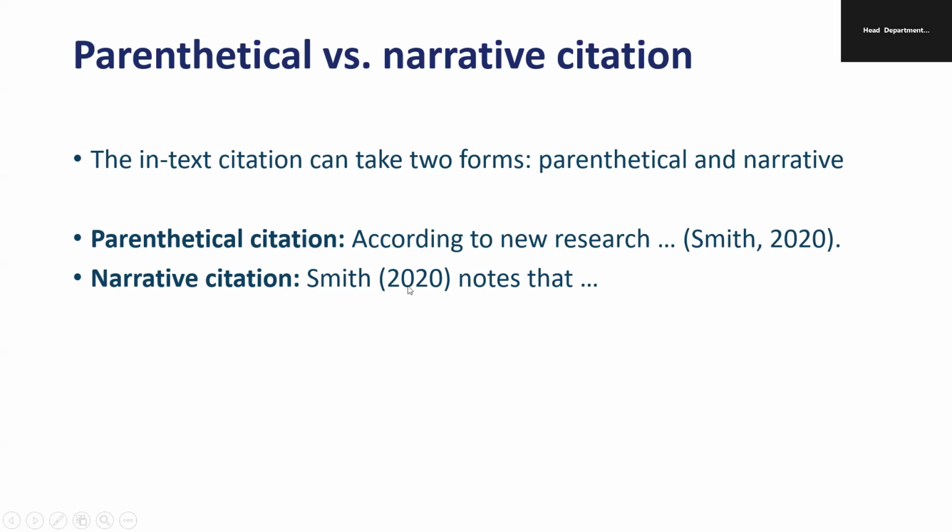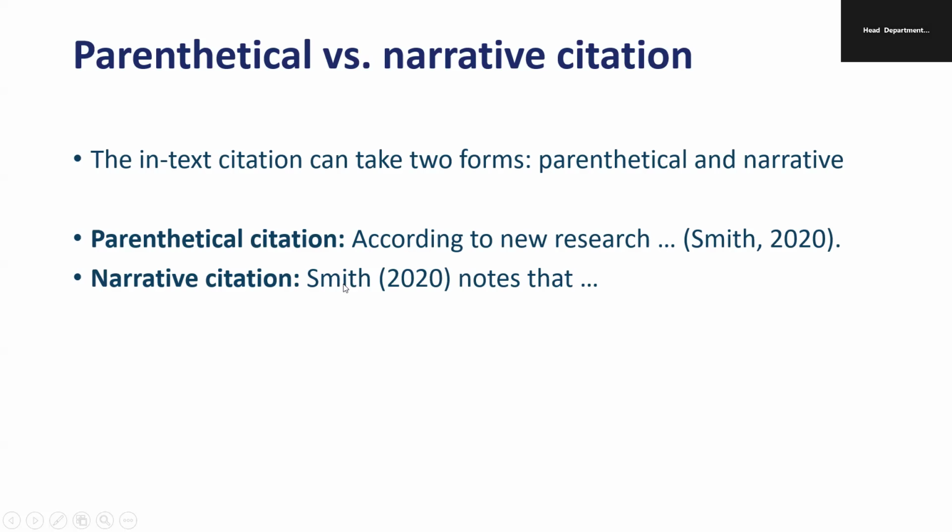Author, then within brackets, we put the published year. Then Smith notes that, we can say Smith (2020) notes that adoption of integrated reporting is less in Asian countries. Like that, we can emphasize the author.